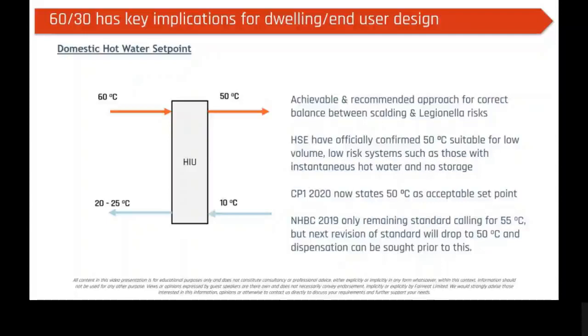There's really only one gap in this now, which is NHBC, which has called for 55. But we understand the direction is towards 50 degrees. So for the hot water generation, 50 degrees out from the HIU means we can bring 60 degrees quite comfortably to generate that 50 degrees hot water.